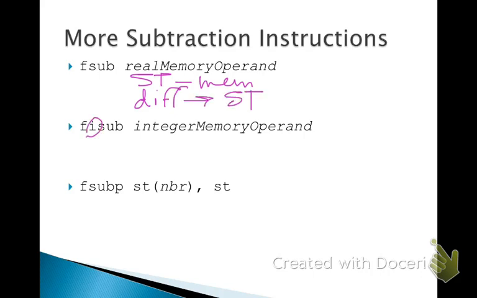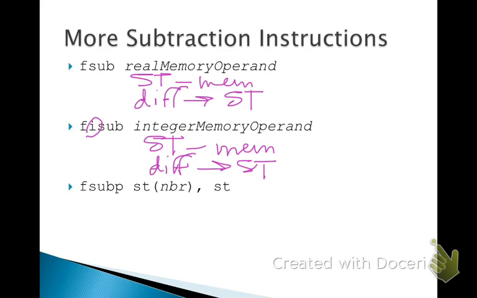I've got integer now, so this is going to calculate stack top minus the integer value stored in memory. That difference will replace stack top. It does not push anything, it replaces stack top.